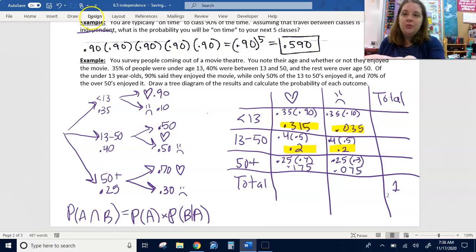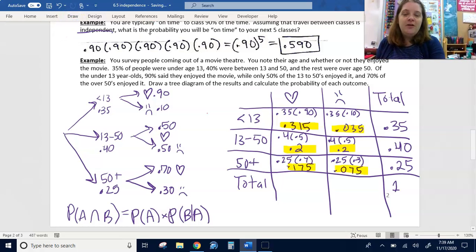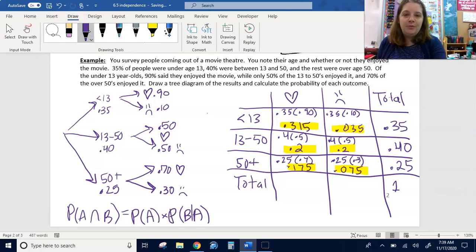So what happens when you multiply down your rows is you're going to end up with those same percentages. I'm going to end up with my 35% here, my 40% here, my 25% here, especially if I use 25% to begin with. So I end up with those values, but then the other thing we can figure out is overall, what percentage of people actually like the movie.